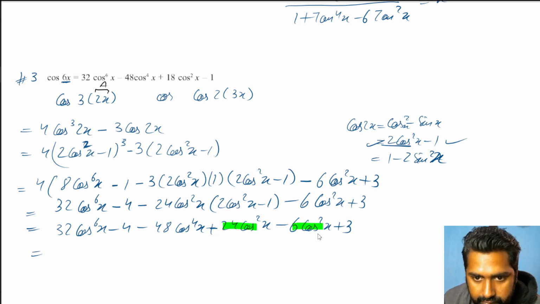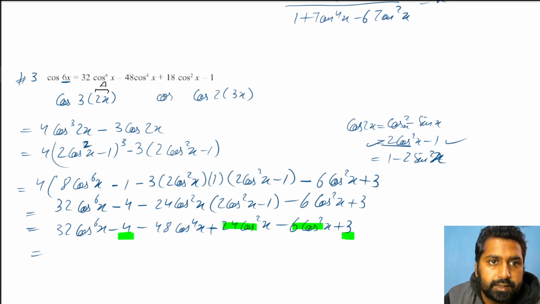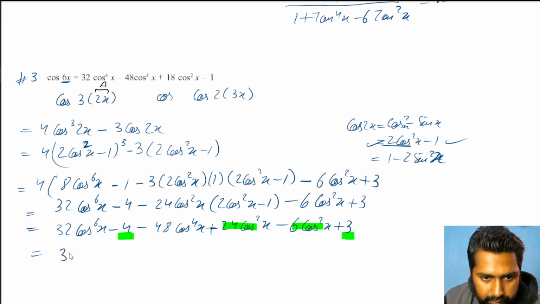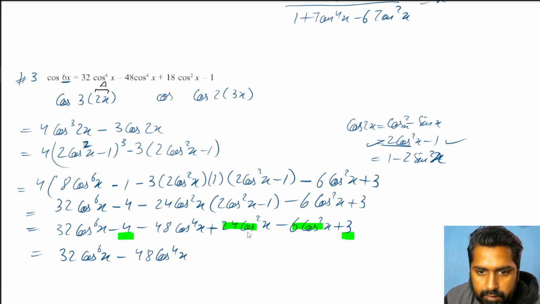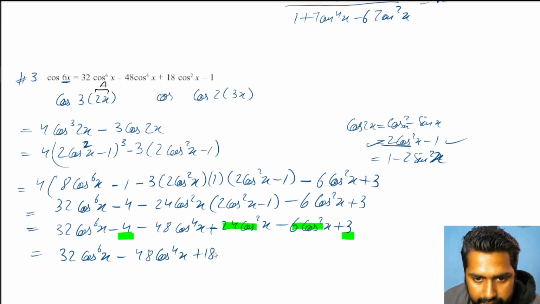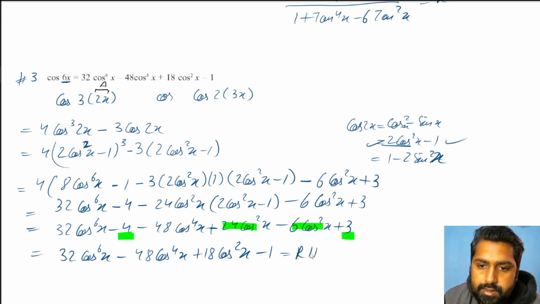This one and this one we have to solve, rest everything is solved here. So 32 cos raised to power 6x minus 48 cos raised to power 4x, this becomes 24 minus 6 becomes 18, plus 18 cos raised to power 2x, plus minus 4 plus 1 becomes minus 1, and that's your RHS.